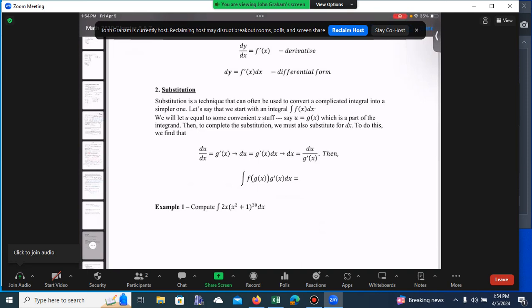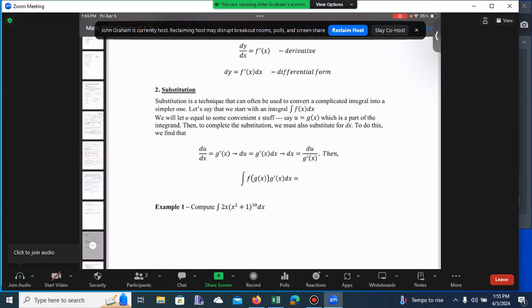We are going to let u equal some convenient expression, u equals some g of x, which is part of the integral. Then we substitute that in so that we have the integral of f of u du, which hopefully will be easier than the previous integral.